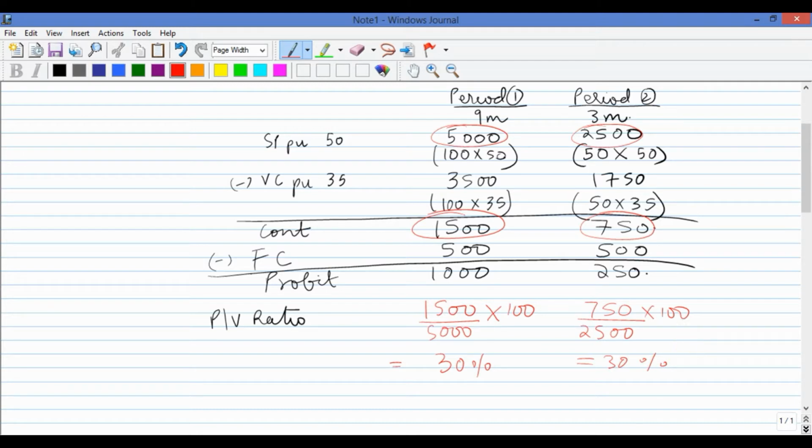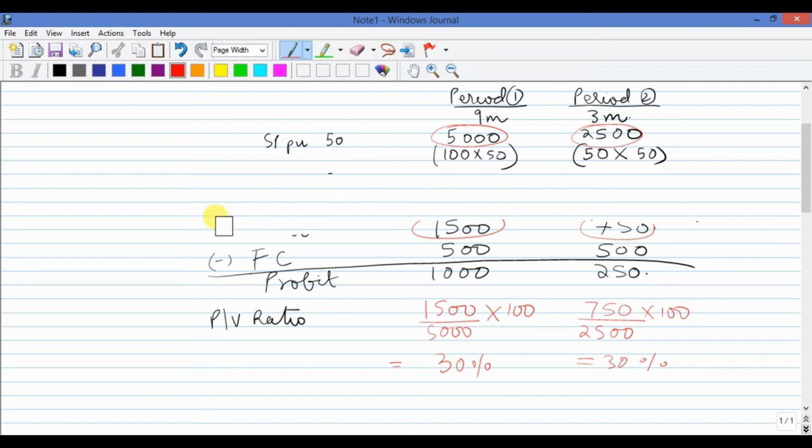Now friends, pay attention to what I mean to say right now. This is what is given to you. Suppose I want the data to be missing. So what I can do is escape all these things.